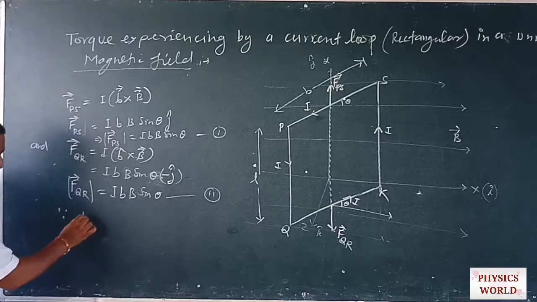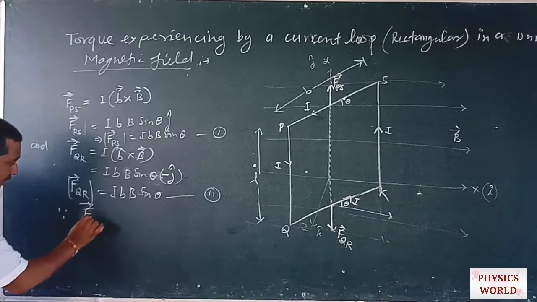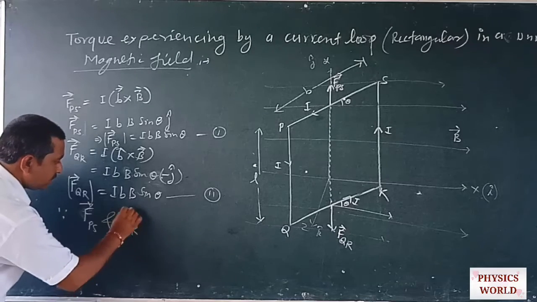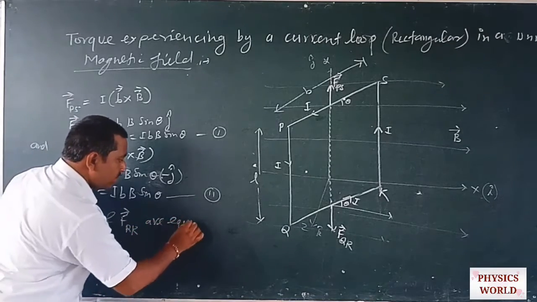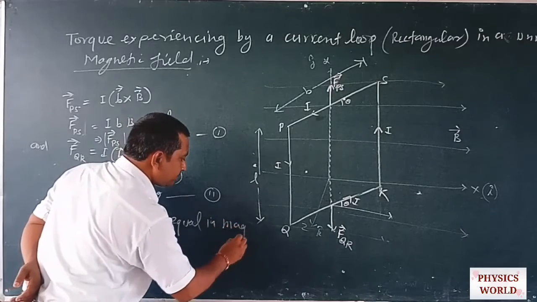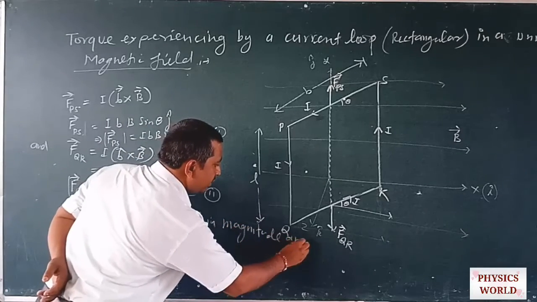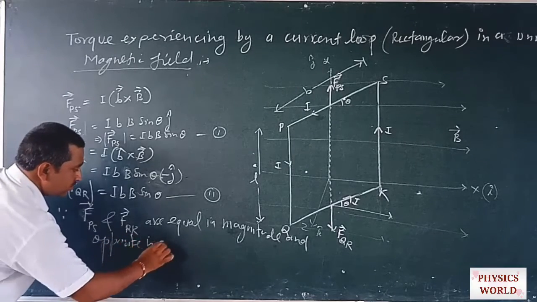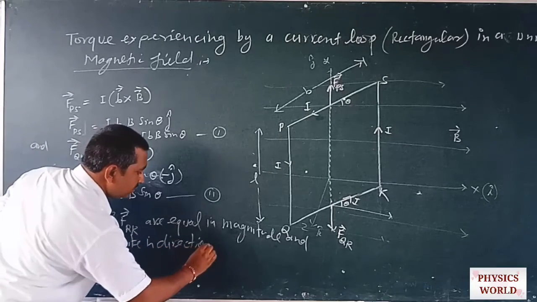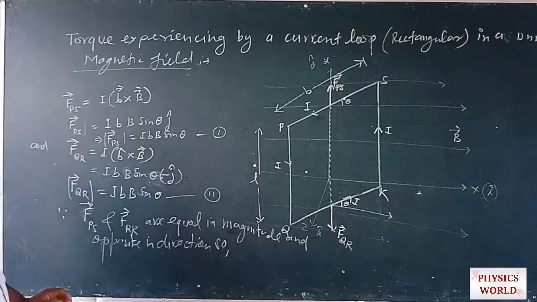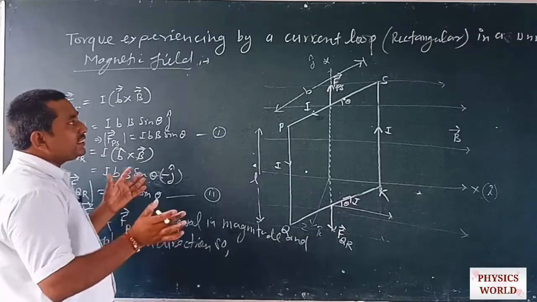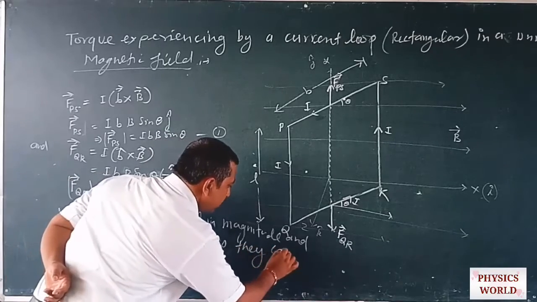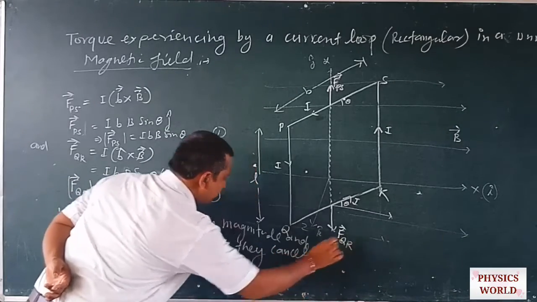Since FPS and FQR are equal in magnitude and opposite in direction, they cancel each other out.